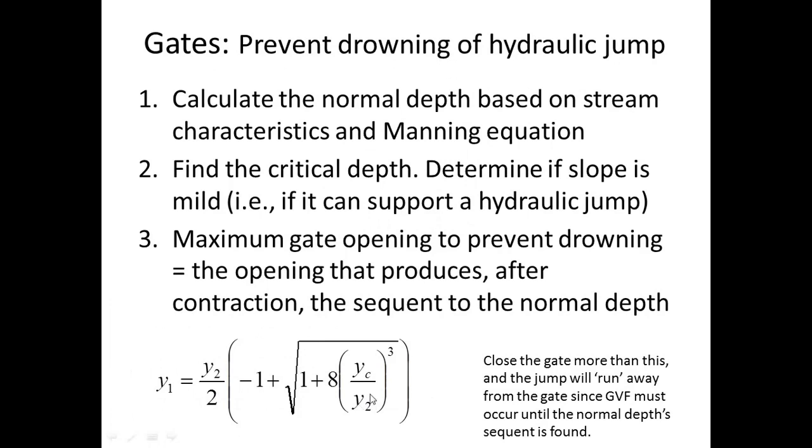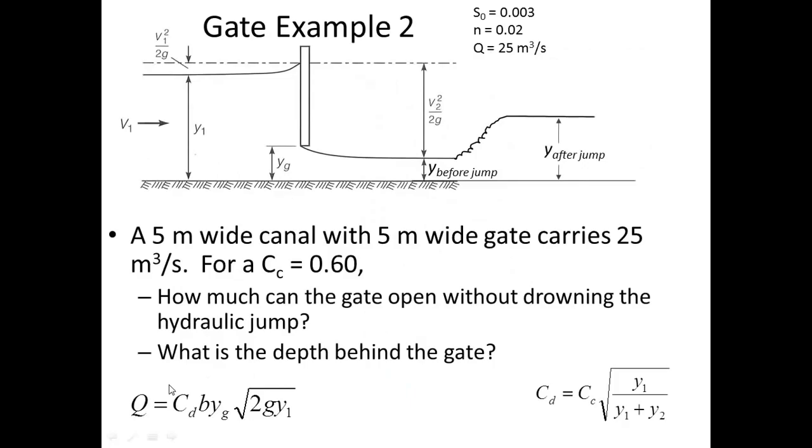We're setting the y2 equal to the normal depth and then solving for y1. And that tells us the depth before the jump. And we'll assume the coefficient of contraction is 0.6, and so then that's how you find y sub g, because there will be some coefficient of contraction that relates y sub g and the y before the jump.